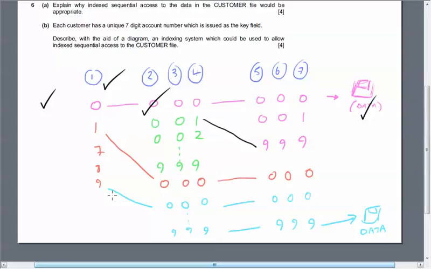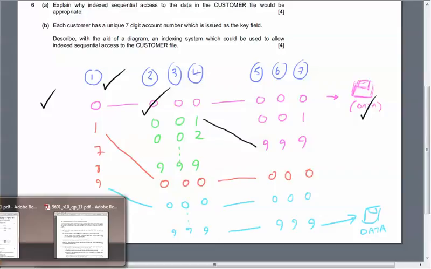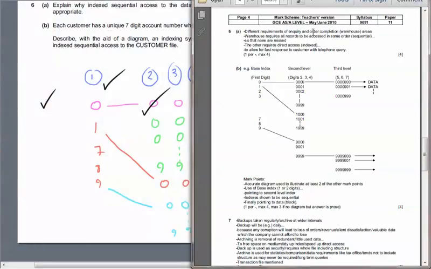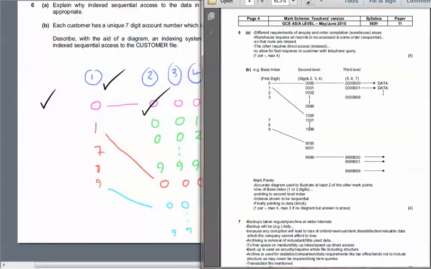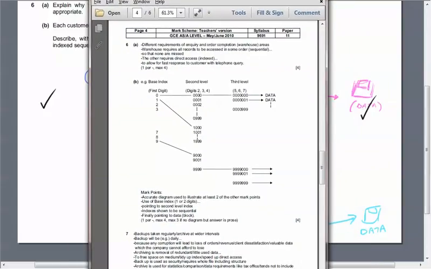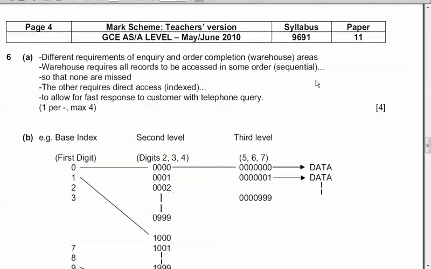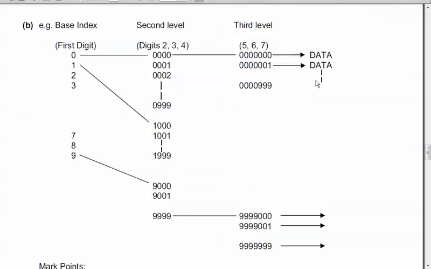Just before I finish, I'll show you the mark scheme for this, which is exactly the same.